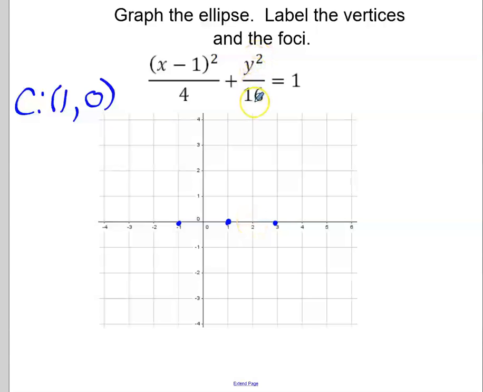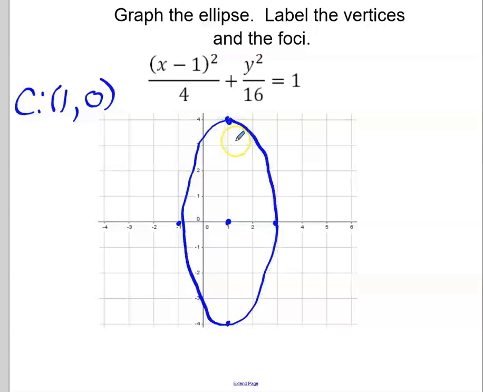Then I look under the y, which is 16. 16 is 4 squared. So from my center, and again it was under the y, so that's up and down. So I'm going to go up 4 and down 4. This time, you'll notice that the bigger number is under the y value. So the long axis, the major axis, is vertical.